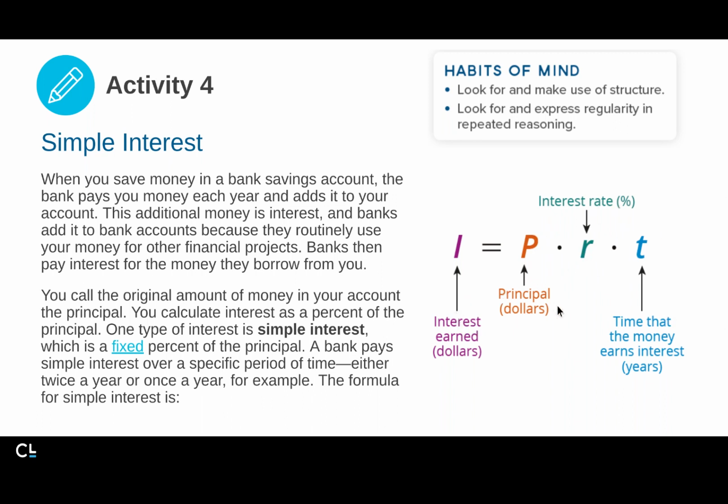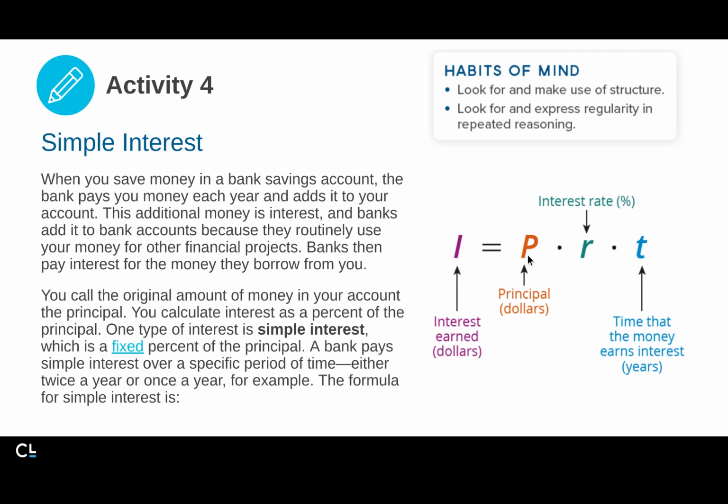Also, something else that you need to know about this formula, just like our percent equation that we used earlier, you can be given any part of this equation and need to find any part of this equation, just like the percent proportion that we did. Maybe I'm given the interest rate, the principal dollar amount, and the total interest earned in dollars.